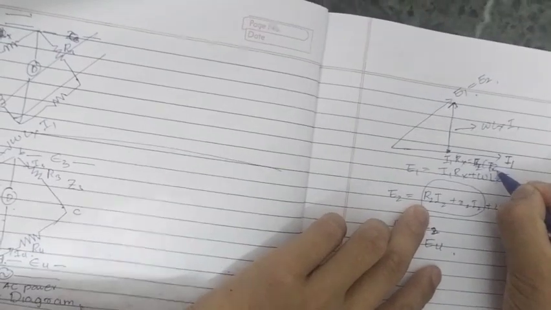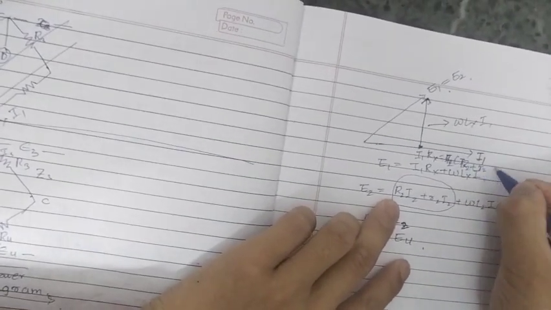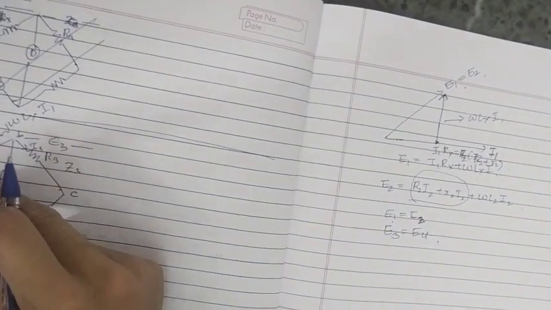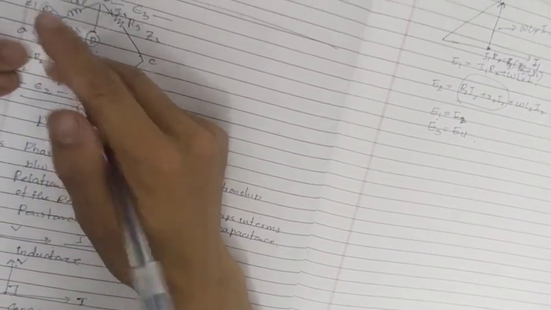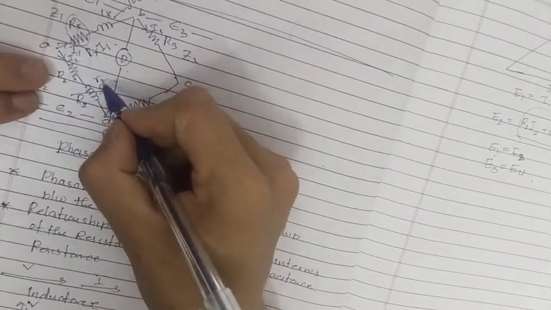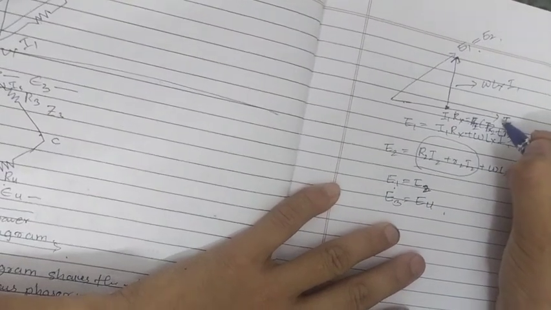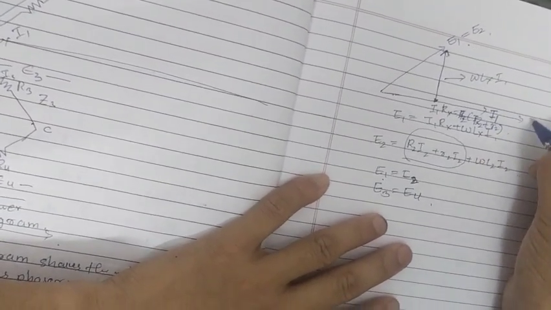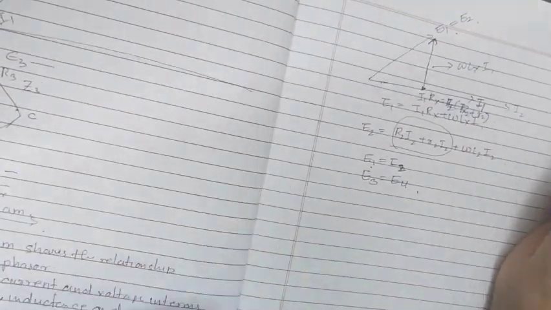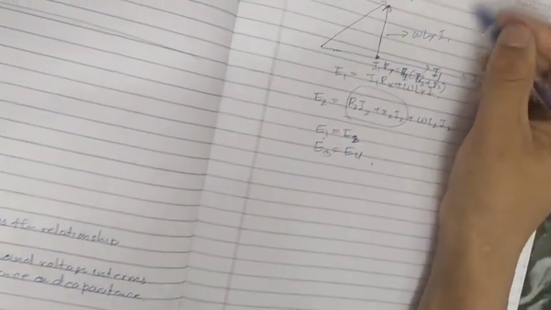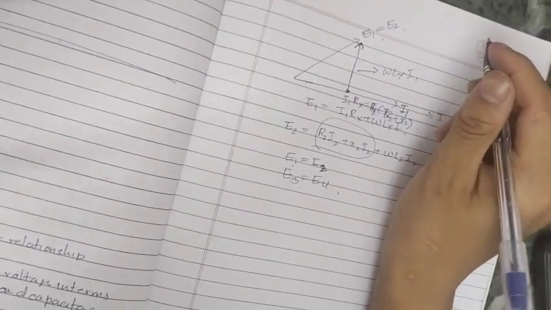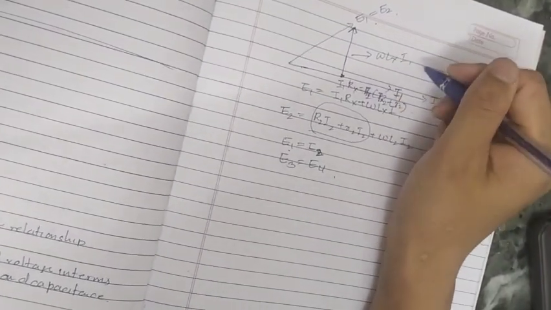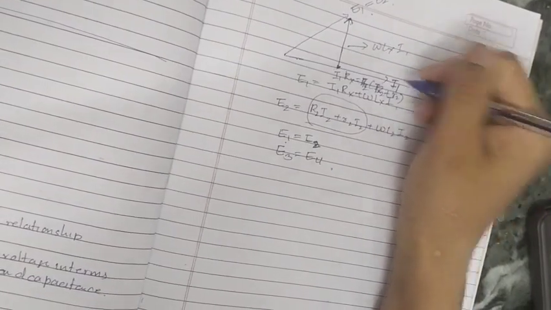I2 R2 plus r2 I2. Now since the voltage drops across R2 and small r2 are in phase with each other, on the same line we have to write the I2. Because the voltage drop across the standard inductance is leading I2 by 90 degrees.